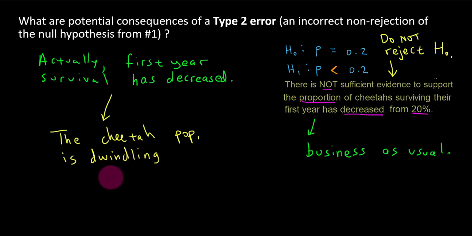So in all of these scenarios here, there was the conclusion, there was the action based on that conclusion, and I'm just making stuff up, but I think it's feasible. Then here is the reality, but that's unknown because that was not represented in the sample.